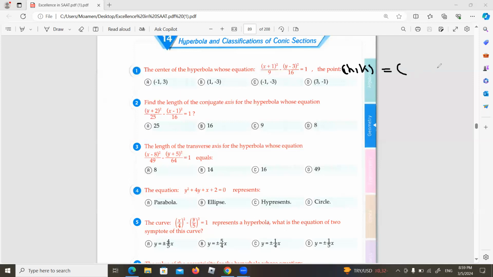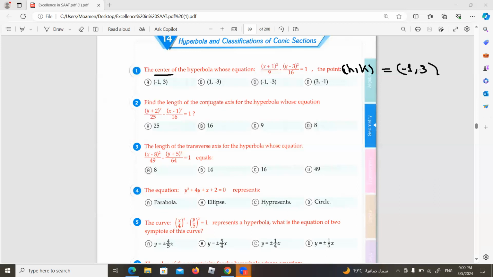But what is the value of h here and the value of k from the equation? Who can get the center? Yes. H is what? H is -1. And what about k? K is equal to 3.